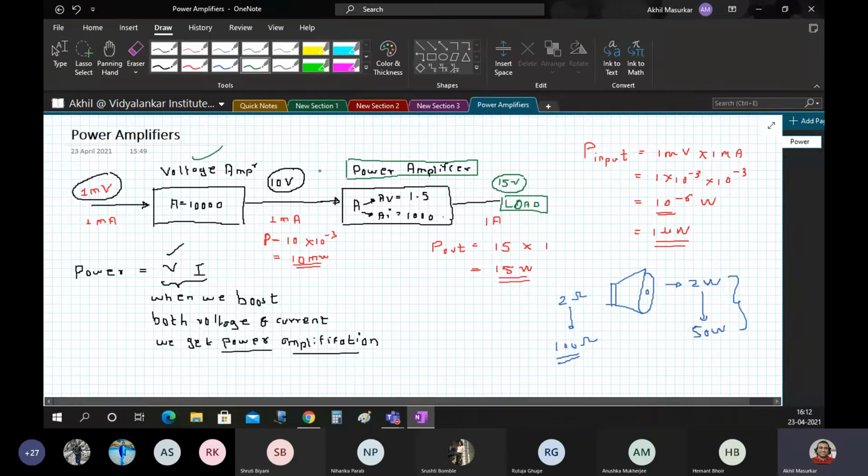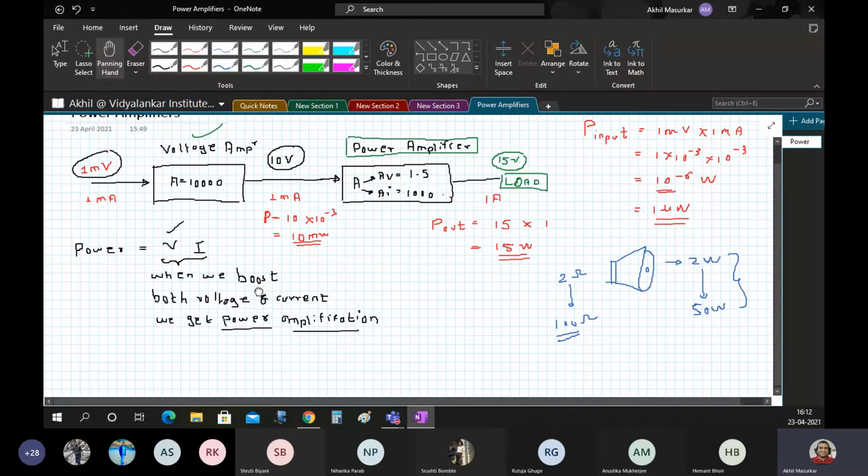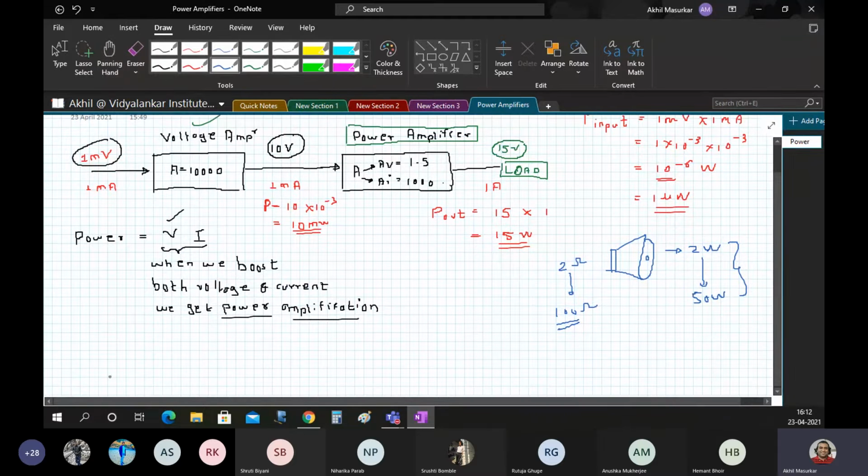So I'll just put it down that the heart of the power amplifier is a power transistor. And what is so special about this transistor is that it has a large surface area. Large surface area means how?